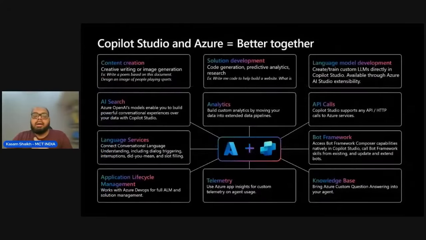Now, I spoke briefly about how developers can look to Azure and build out custom extensibility for agents built with Copilot Studio. This slide represents the breadth of the capabilities from Azure that you can use with Copilot Studio, whether that is to extend the language model or knowledge base, or the development process, down to the analytics and telemetry.